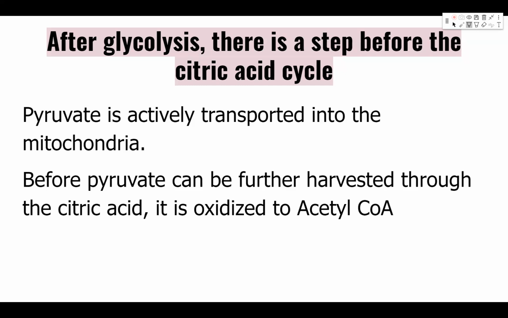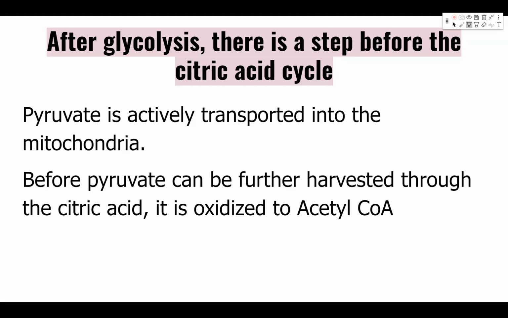Then everything else will be in that little organelle. So we're going to actively transport pyruvate into the mitochondria. It is active transport because we are moving it against its concentration gradient. We want as much pyruvate in the mitochondria as possible.